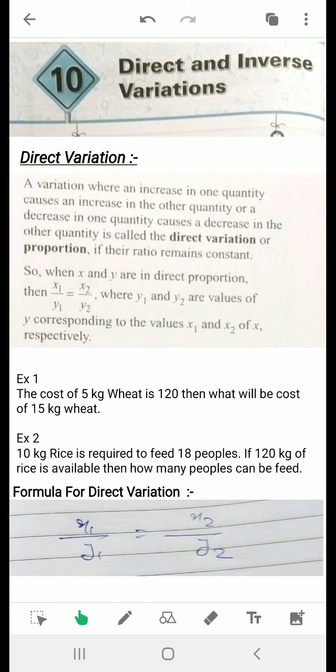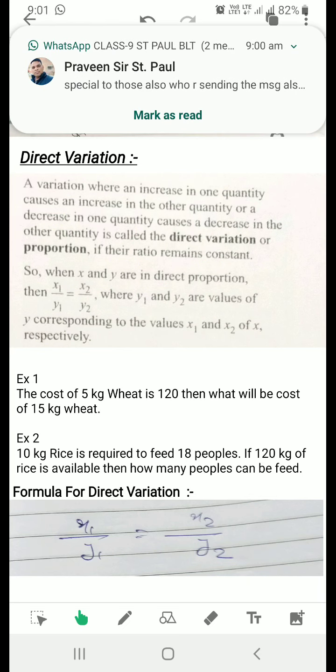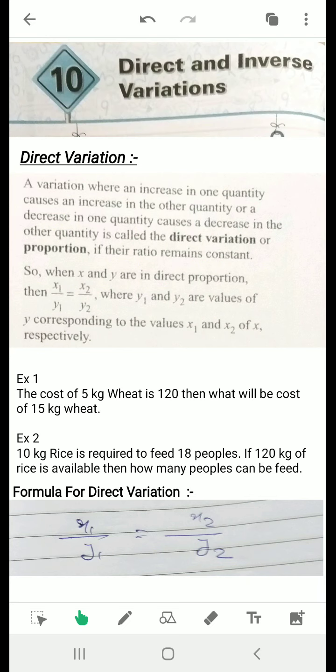Now what is the direct variation? If one quantity is increasing, the other quantity is also increasing, or if one quantity is decreased, then the other quantity is also decreasing, then it is called direct variation. Okay, or it can be called direct proportion also, if the ratio remains constant. So again, what is direct variation?